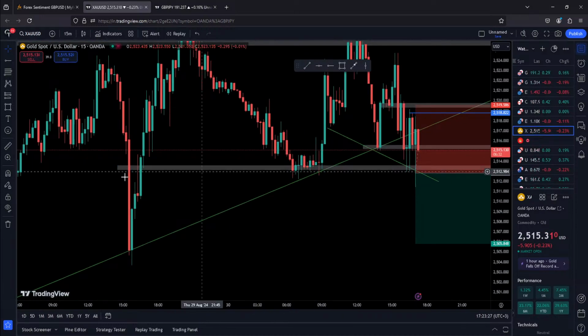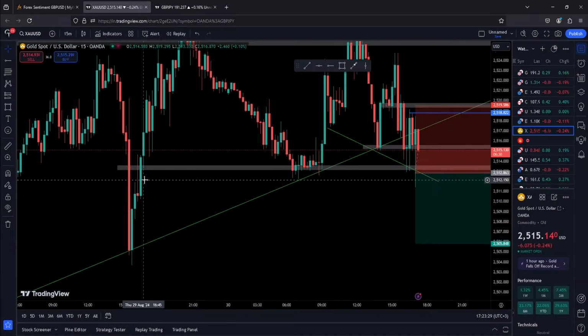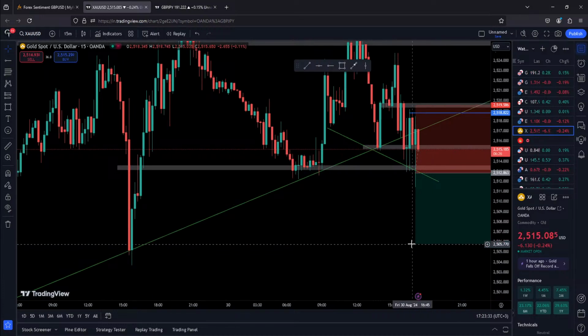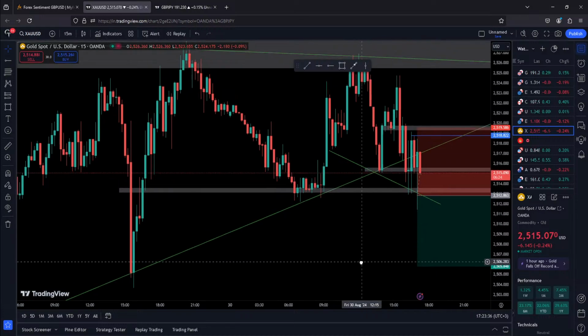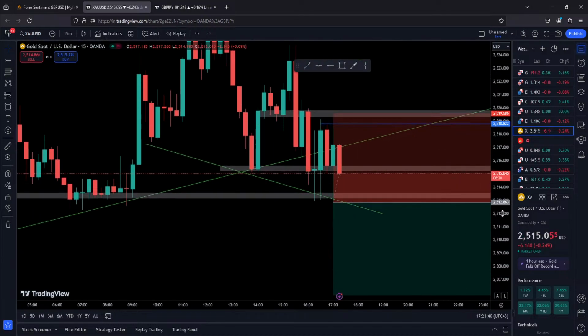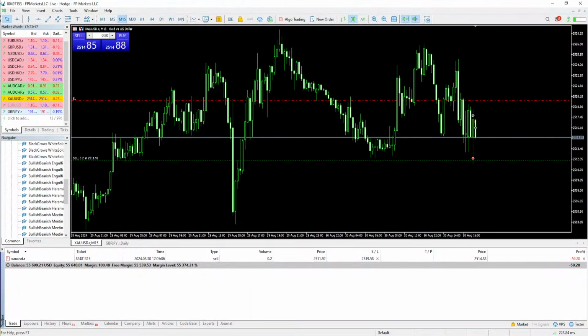Because if we look at the left hand side, there is a clean range. The market can easily go all the way down, and the range is also like 70 pips. So now I have a chance.